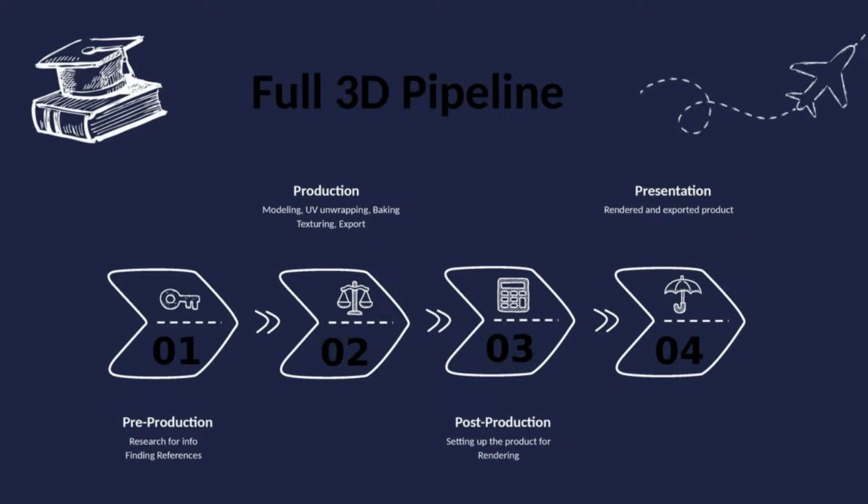Baking and texturing is basically adding the skin or the colors of the skin of the 3D model. And then export or render, that's mostly the final part of a production.